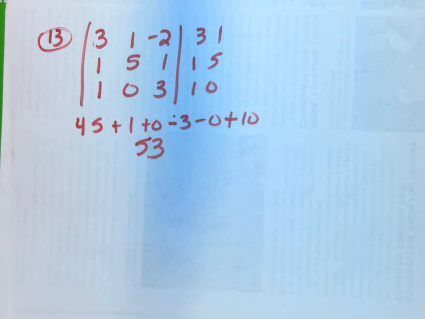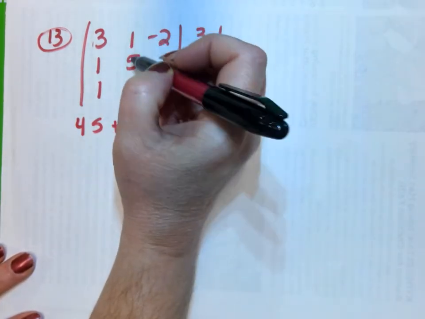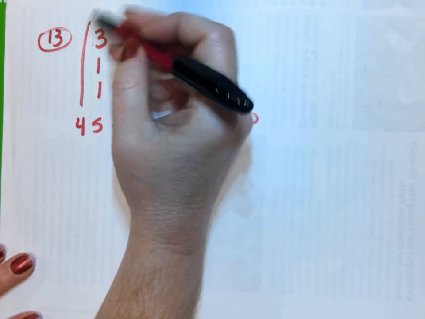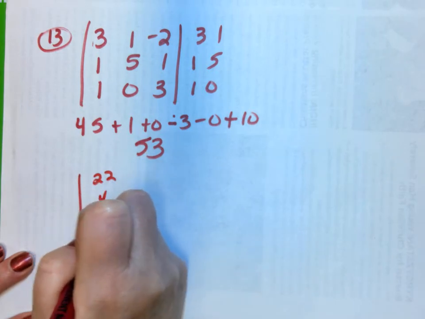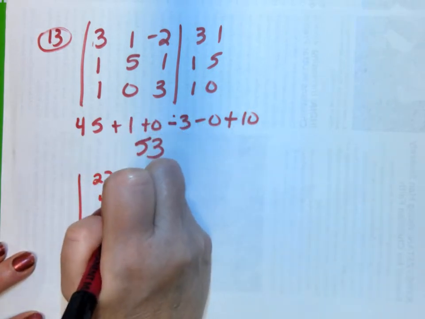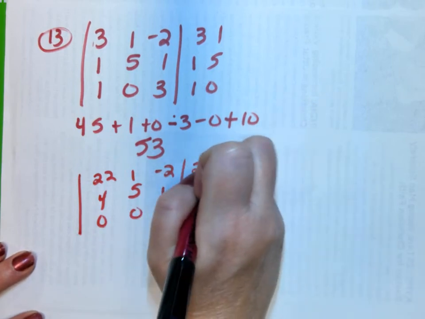Got it. All right, now we go to the next one. I want to replace r. So I'm going to put 22, 40 in here. 1, 5, 0, negative 2, 1, 3. Copy them over.